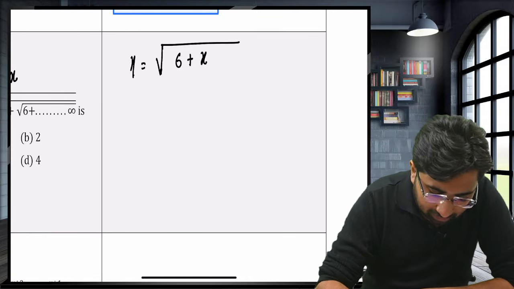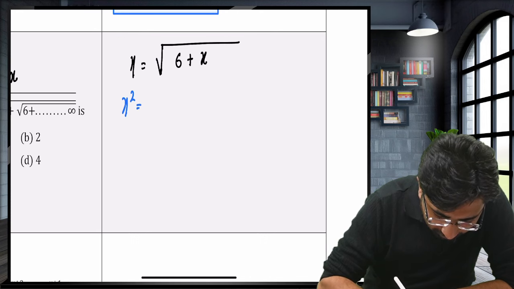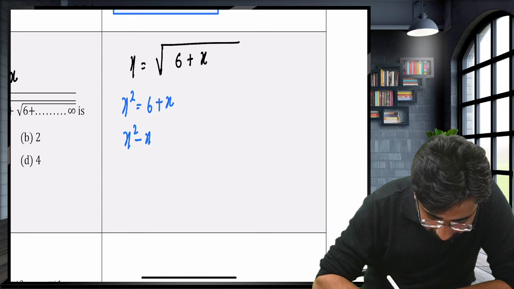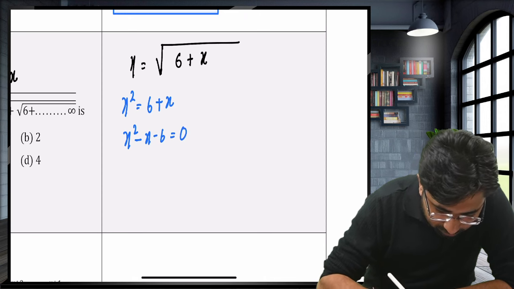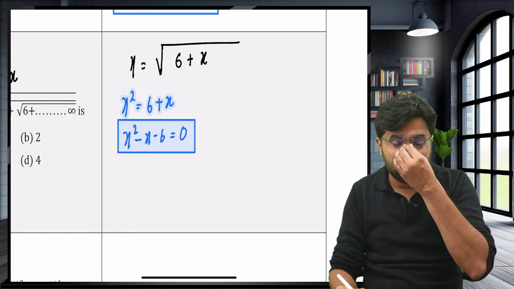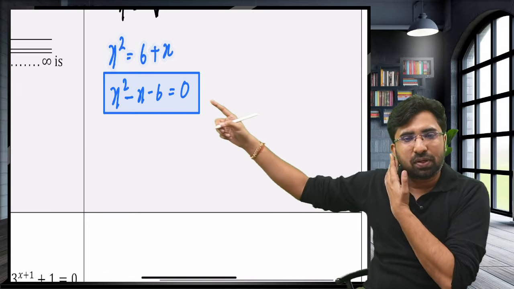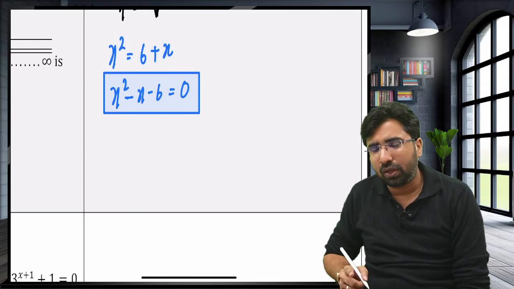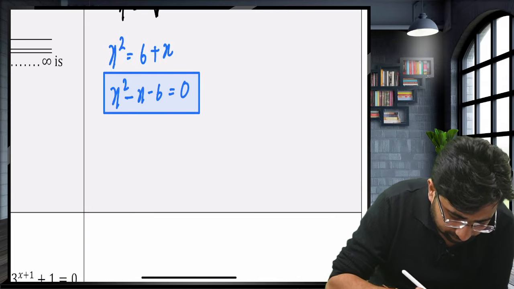Now everybody, squaring both sides, x square equals 6 plus x, so x square minus x minus 6 is equal to 0. Guys, since this is a quadratic, you will get two values of x. Can I say, let's split 6 into 2 and 3. 2 and 3 will give you 6 also, and with 2 and 3 you can get minus 1 also. Let's solve it.